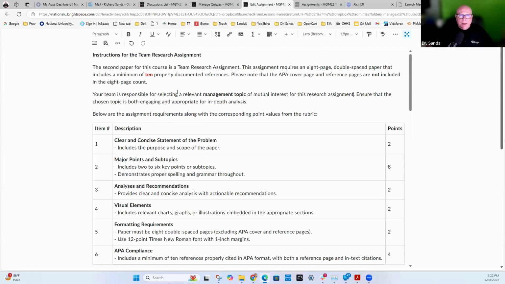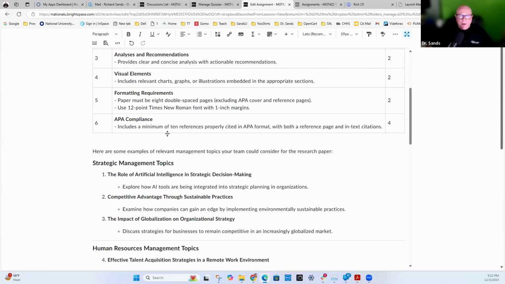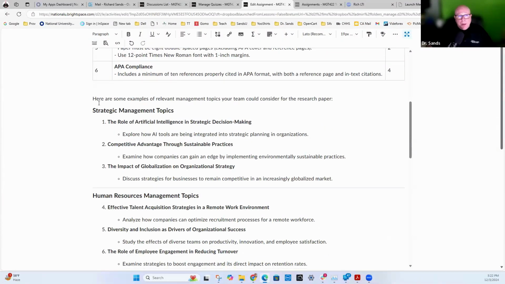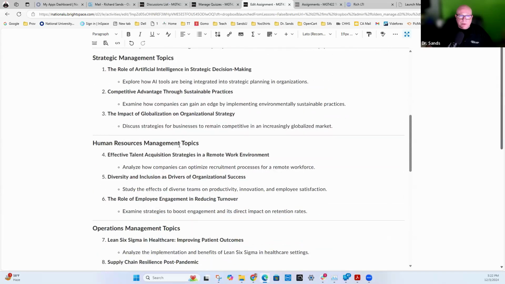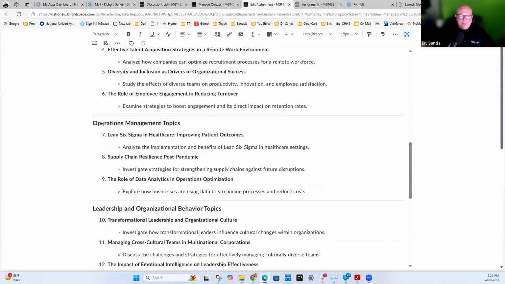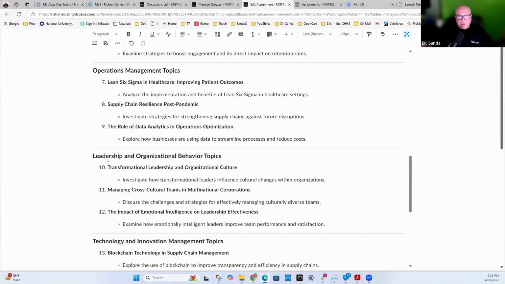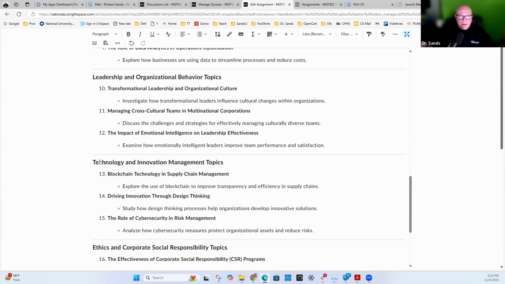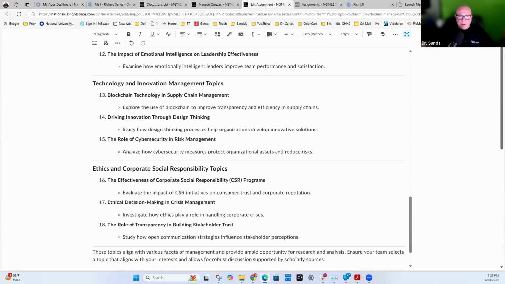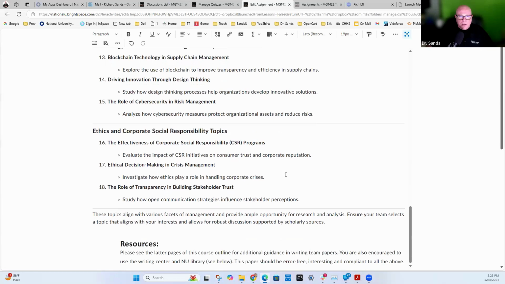Now, what I did do, I did add some examples. Here are some examples of relevant management topics your team could consider for your research paper. Strategic management topics, human resource management topics, operations management topics, leadership and organizational behavior topics, technology and innovation management topics, ethics and corporate social responsibility topics.